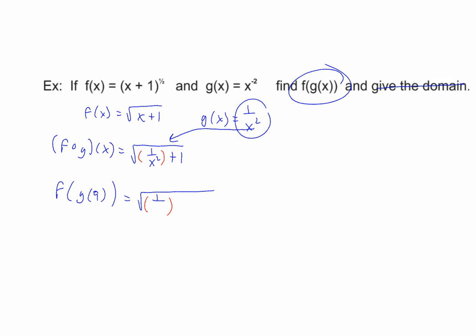Let's do 3. And that's what I was thinking. Again, what was the example I was going to do? Let's do 3. F composition g of 3. Sorry about that. So now where the x is, it's going to be a 3 squared, right? Plus 1. Okay, so look what happens on this one. A 1 over 3 squared is a 1/9 plus 1.